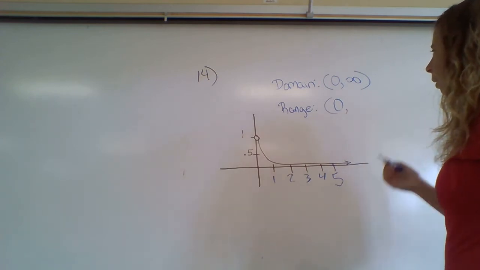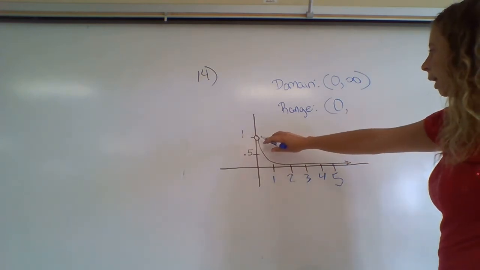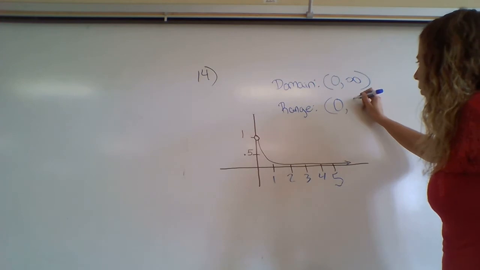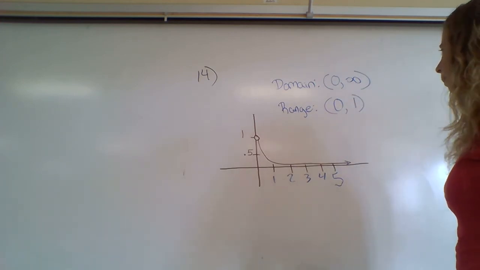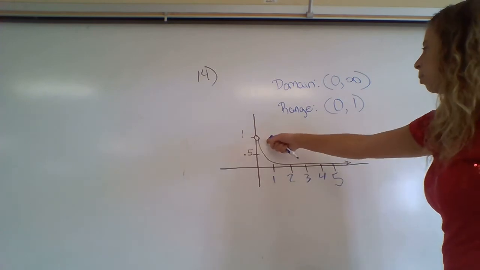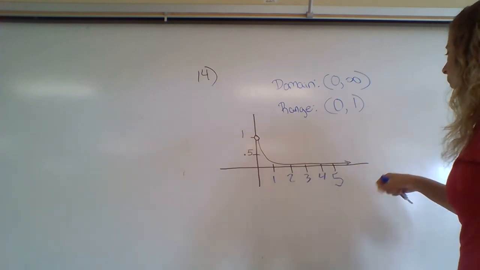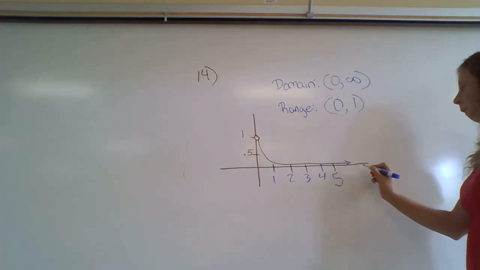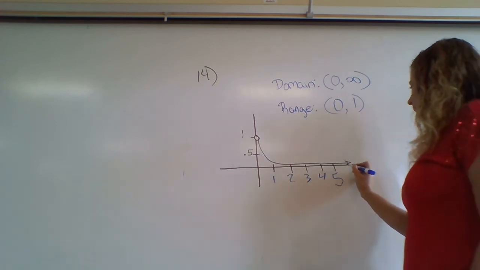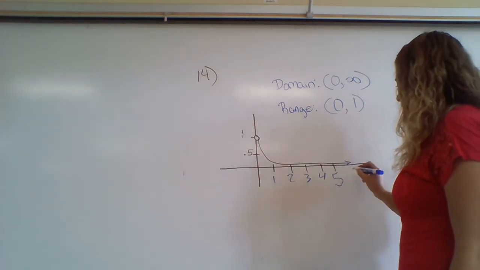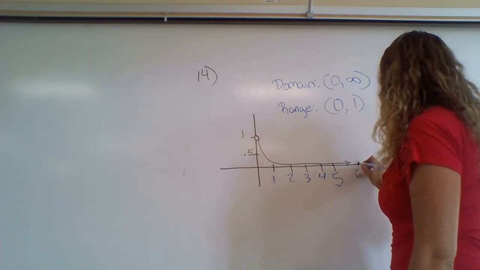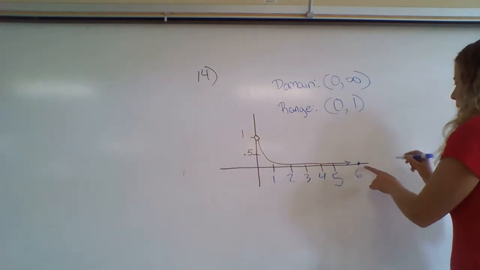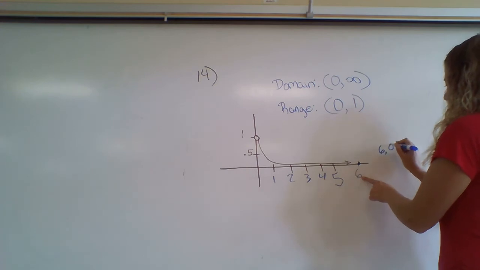And then how high do we go? The highest point we go is 1, but once again, it's a hole. So just like that. We never get higher than this, and we're never going to get below 0. We're never actually going to hit 0, right? If I had a point right here, let's say I put another one, 6, and I had a point there, that would be x is 6, y is 0, right?